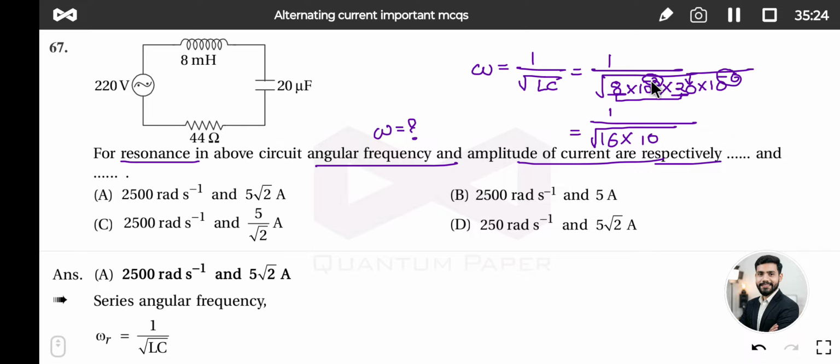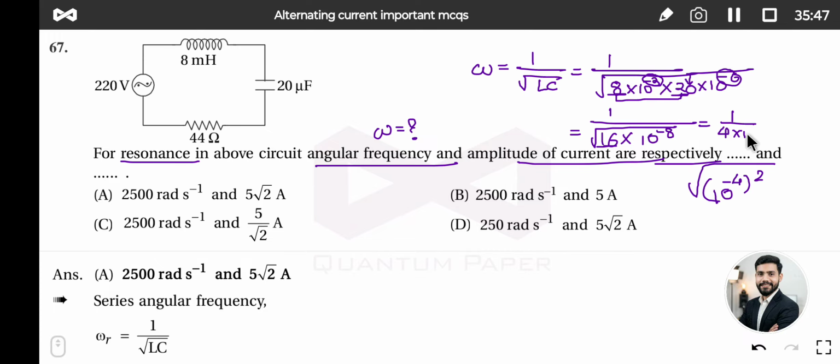So minus 3 minus 6 is minus 9, minus 9 plus 1, so it is minus 8. So root of 16 is nothing but 4, and square root of 10 raised to minus 8. Okay, 10 raised to minus 8 can be written as 10 raised to minus 4 whole raised to power 2. So square root of that is nothing but 10 raised to minus 4.